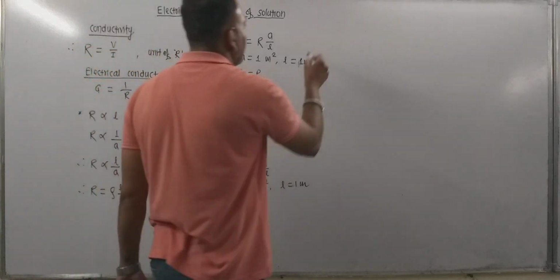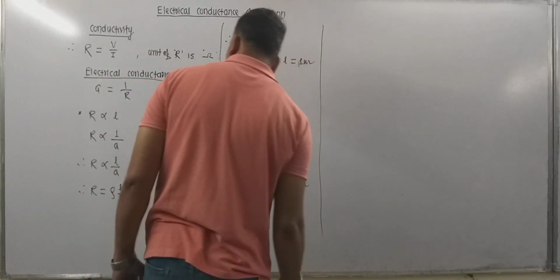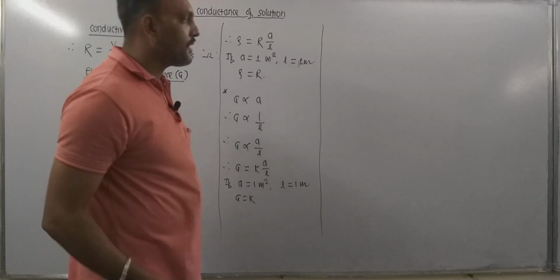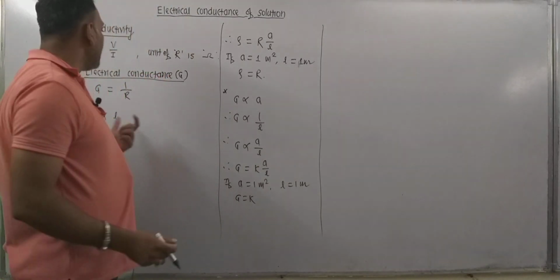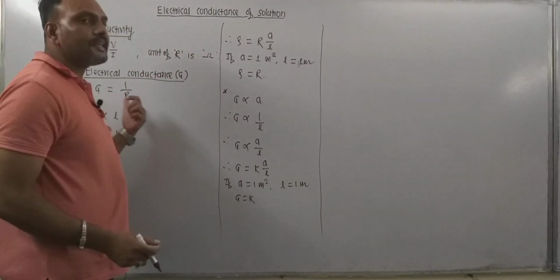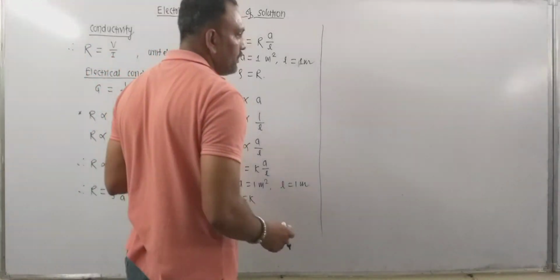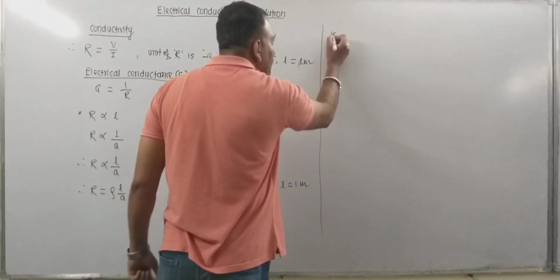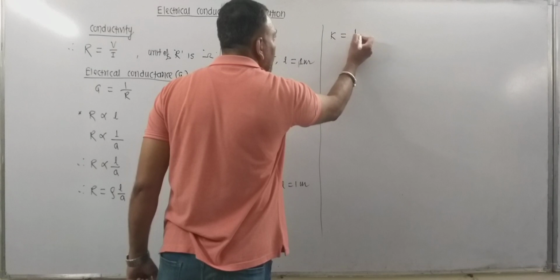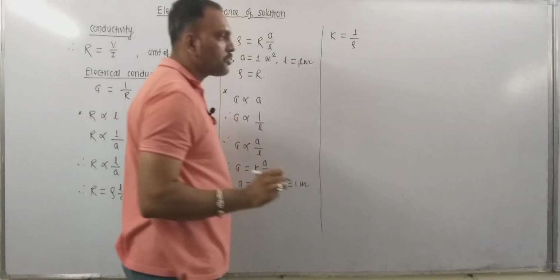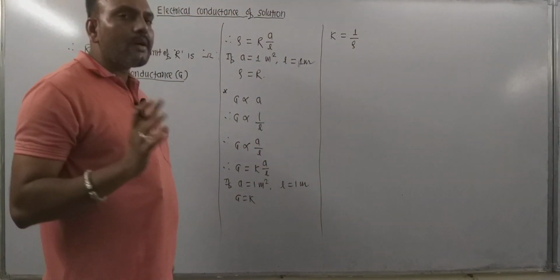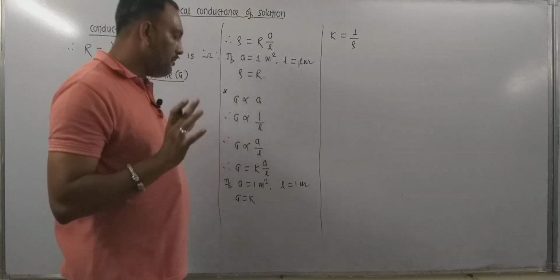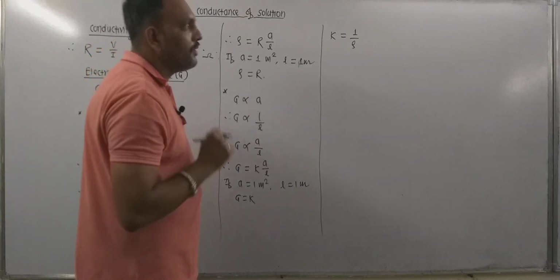Another very important thing: we have already seen that conductance is the reciprocal of resistance. Thus conductivity K is the reciprocal of resistivity also. These are the basic interpretations which must be known.